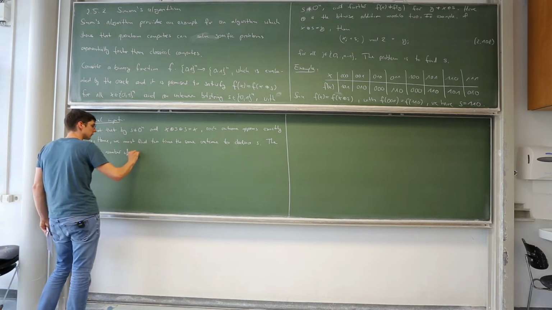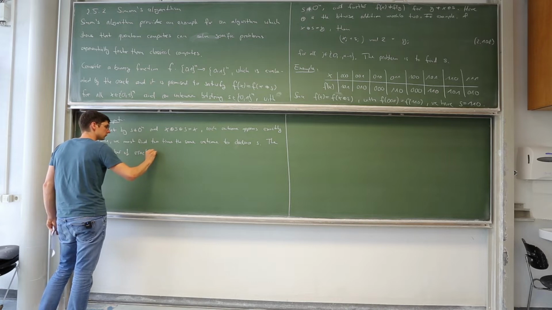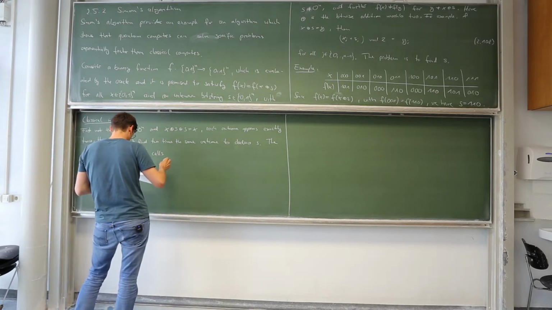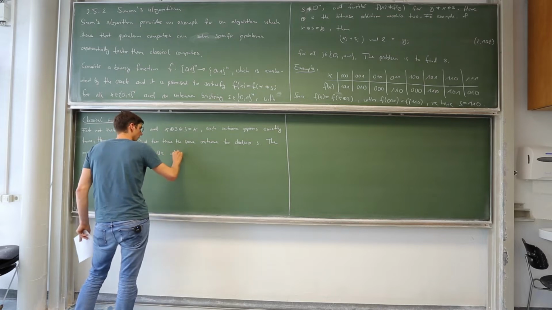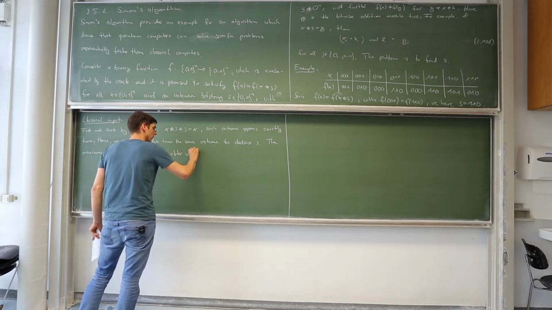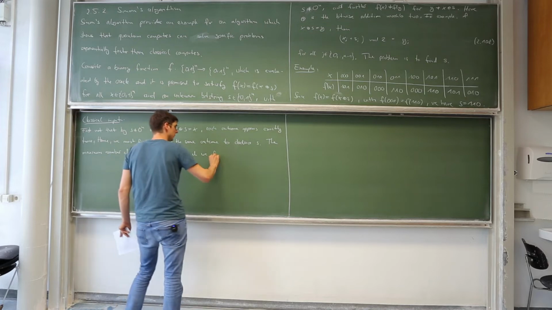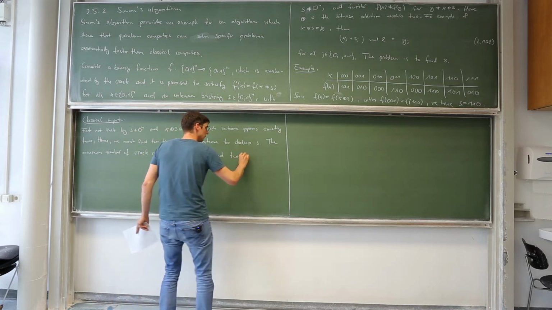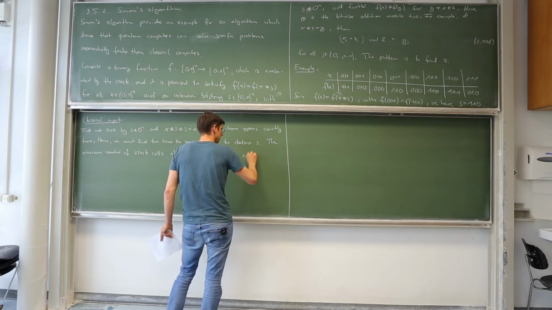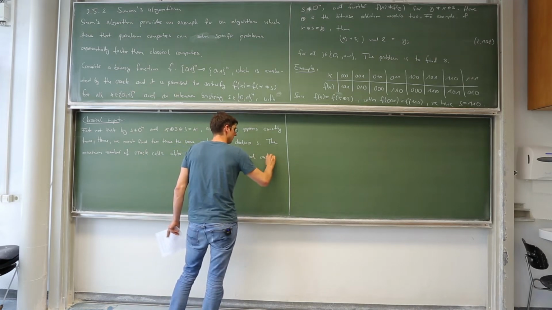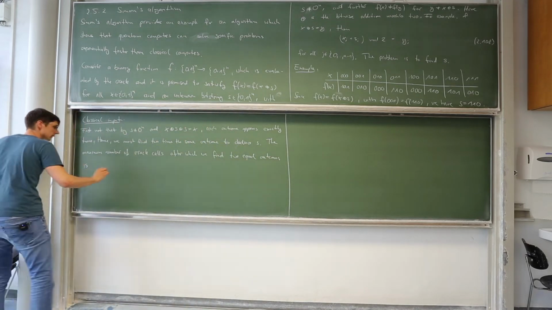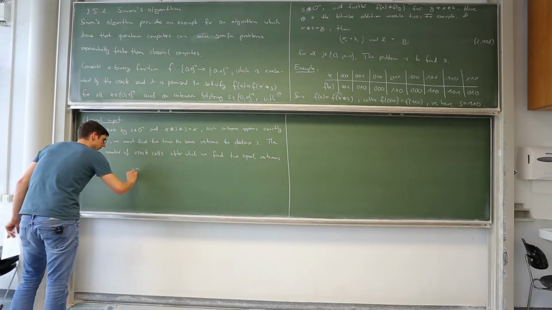So the maximum number of oracle calls after which we find 2 equal outcomes is 2 to the power of n divided by 2.